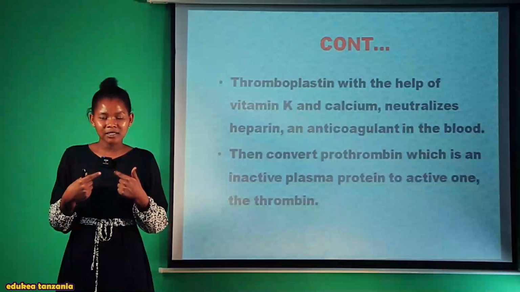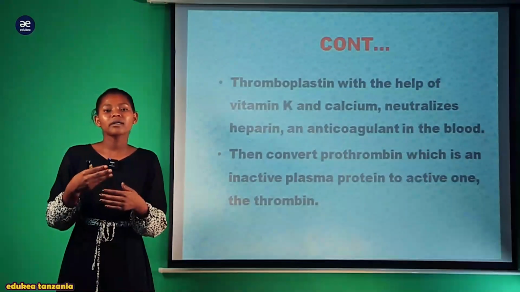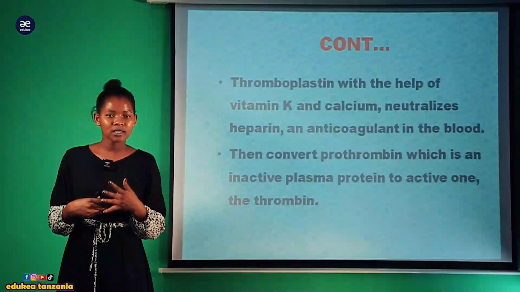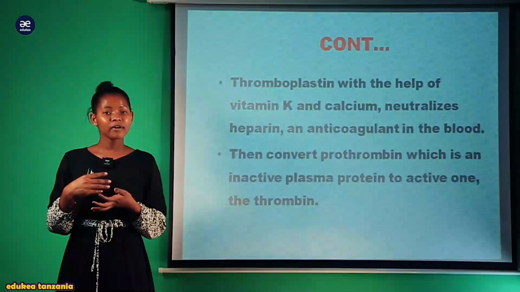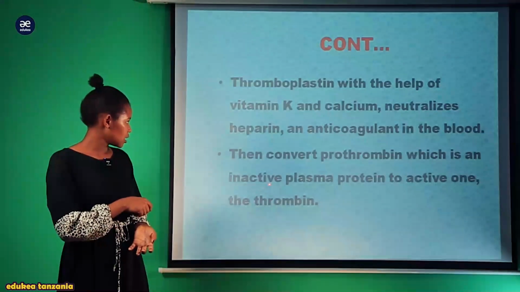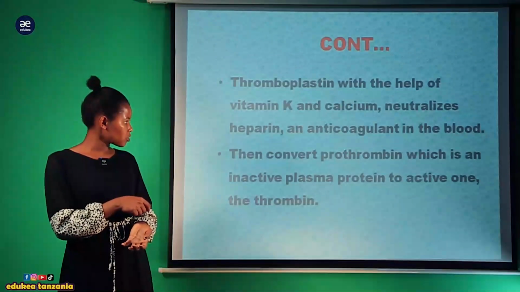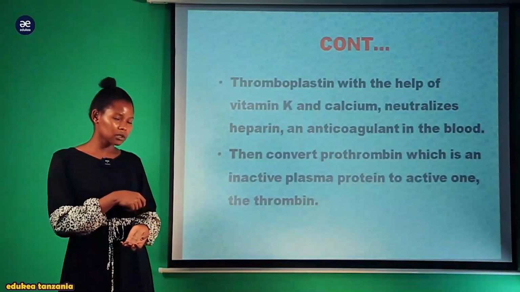Heparin ambayo ni anticoagulant in the blood. Anticoagulant ni kitu ambacho kinazuilia damu isigande. Kwa kisha neutralize hiyo anticoagulant, anaenda convert prothrombin kututengenezea thrombin. That is hii thromboplastin inaenda kutukonvertia prothrombin kwenda kutufomia active protein ambayo ni thrombin.